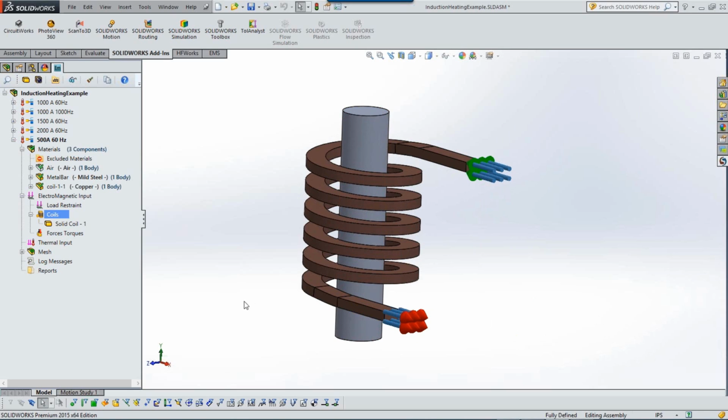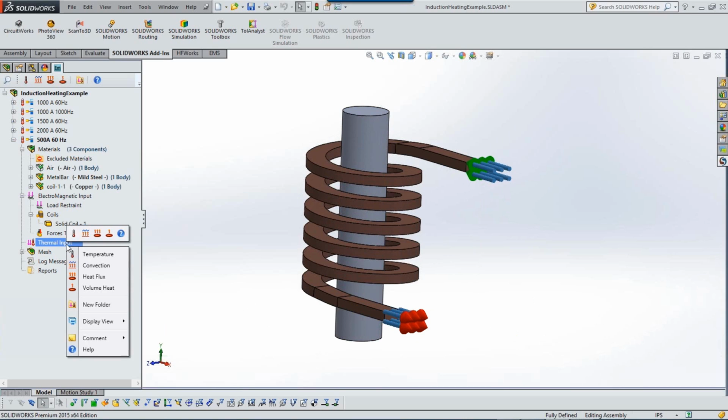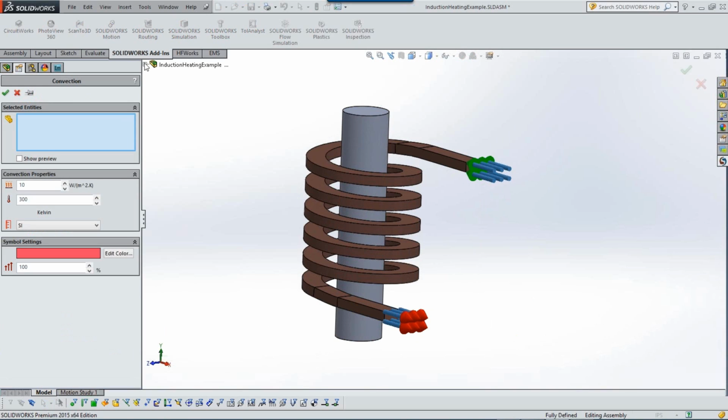Now, once the coil is defined, the next step involves defining the convection. Okay, so let's select convection here.